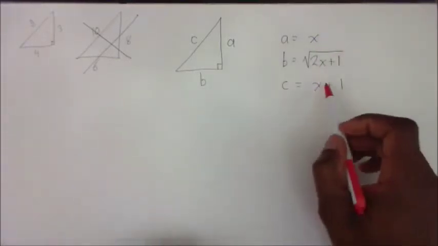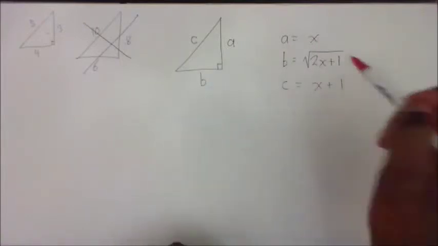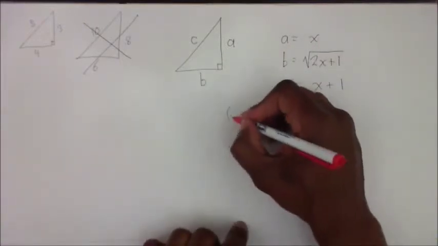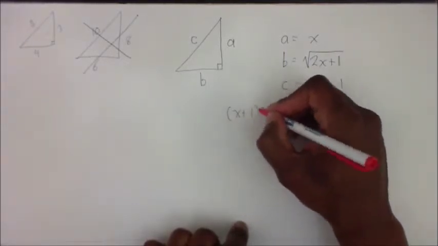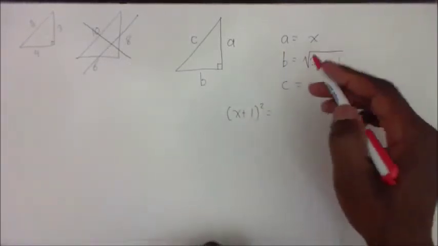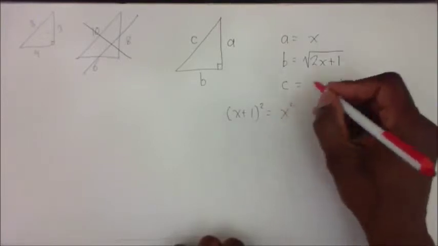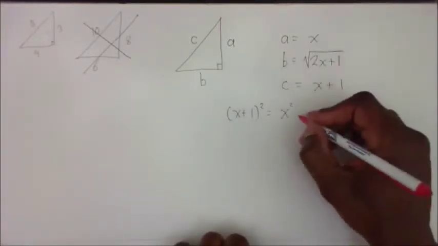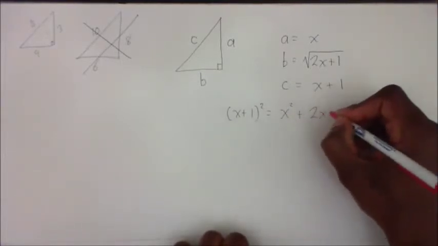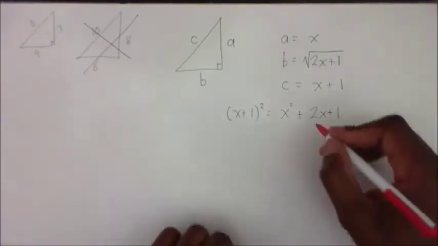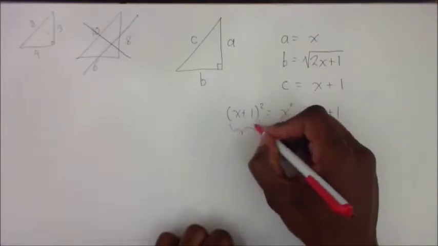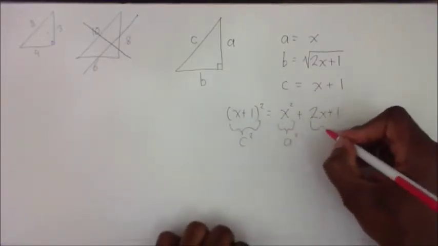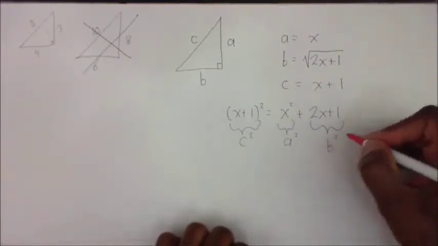Now if I apply the Pythagorean theorem, C squared is (x plus 1) squared, which is equal to A squared, which is x squared, plus B squared, which is whatever is in the square root, just 2x plus 1. As we know, this is accurate.